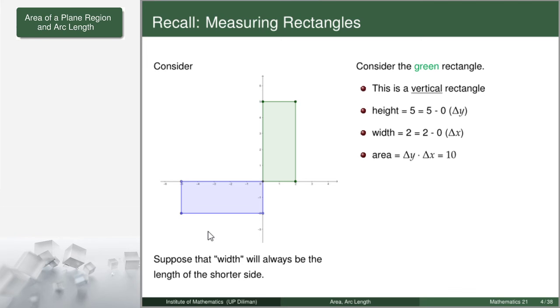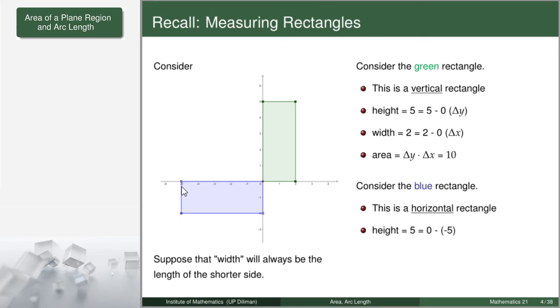On the other hand, for the blue rectangle, we will be calling this a horizontal rectangle because of its orientation. Again, for its height, which will be this horizontal length here, it will be just a 5. And I got that 5 because I have the value here at 0 minus negative 5.